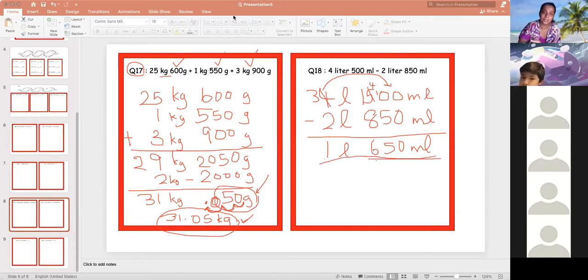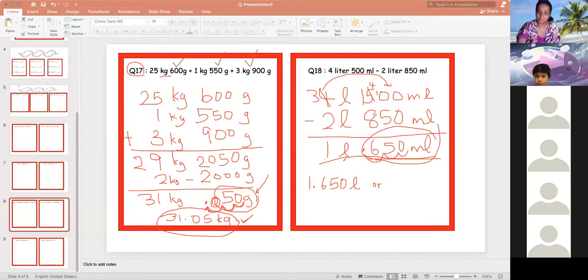Suppose the question asks for the answer in liters. Very simple, your milliliters must be divided by 1000. So 1, 2, 3, your decimal will come here, and your answer will be 1.650 liters. Or if the question asks for the answer in milliliters, then you convert your 1 liter to milliliters. This will be times 1000, so you will get 1,650 milliliters.